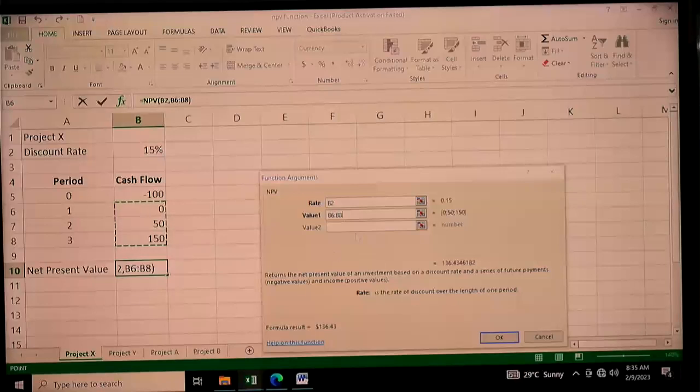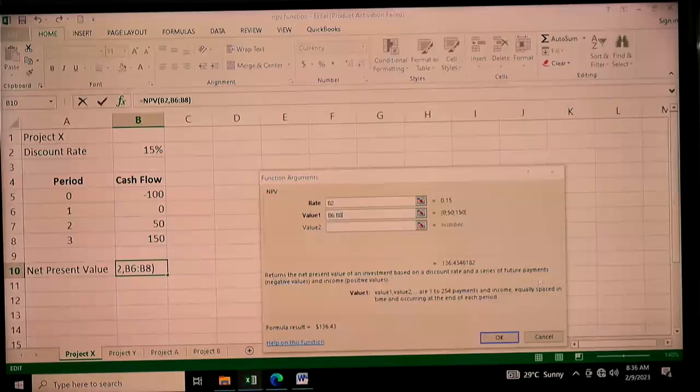If you select this value 1, it is indicating the rate, and you have provided the rate already. Then you select the series of values. Value 1, value 2 and so on are 1 up to 254 payments and incomes, evenly spaced in time and occurring at the end of each period.